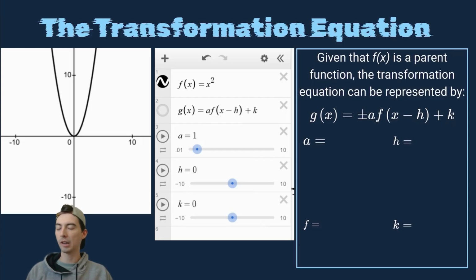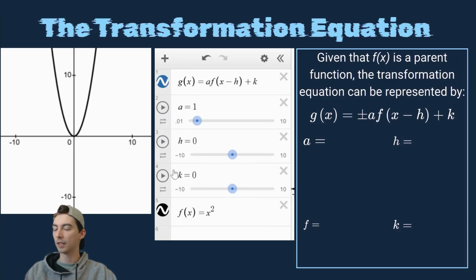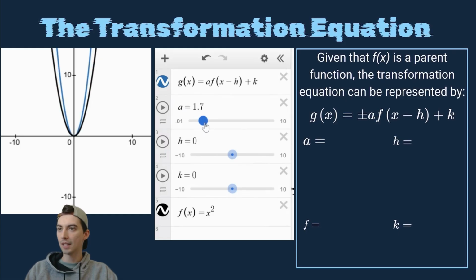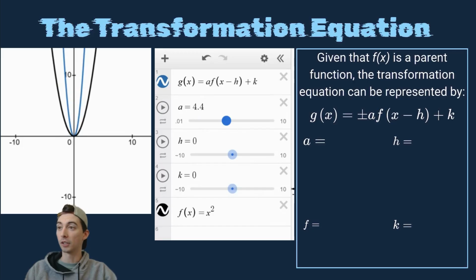And so on this graph here, I've got the quadratic parent function, f of x equals x squared, and we're going to transform it with g of x. And so let me slide this down and turn that on. And so first letter I have is a. I see that if I slide a to be bigger than 1, what I'm doing is I'm stretching that blue graph vertically, so it's getting skinnier.